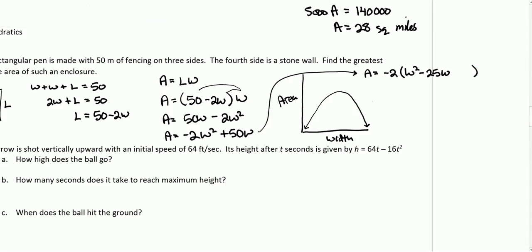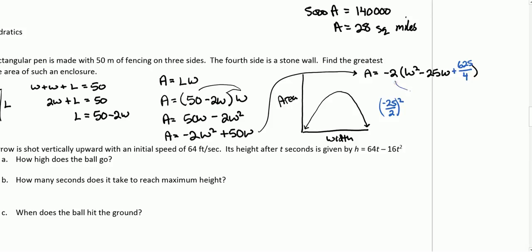We take half of the negative 25 and square it. So we're going to get 25 times 25, which is 625, over 2 times 2, which is 4.